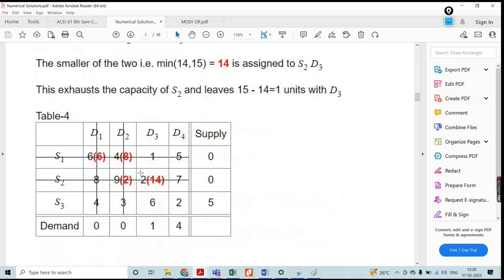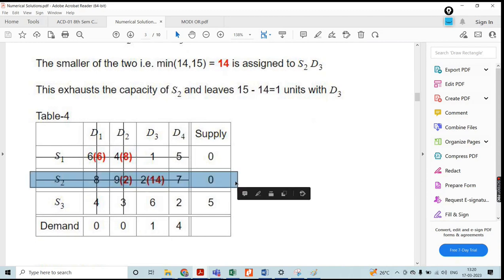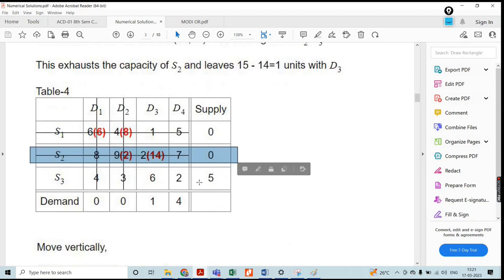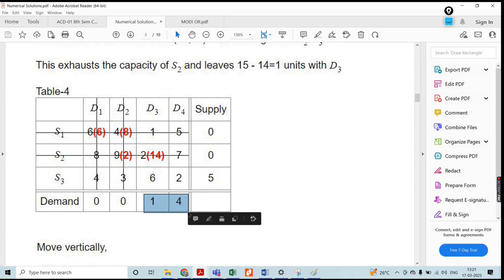Here, at 2 rupees, 14 I am going to allocate. 14 minus 14 is 0. 15 minus 14 is 1, which will become 1. Now you are going to delete this complete row itself. Then how many quantities are left? 5 with respect to that of 2.